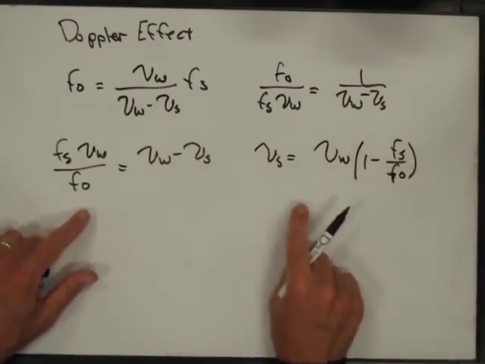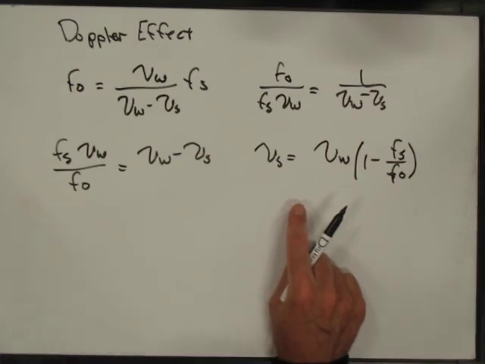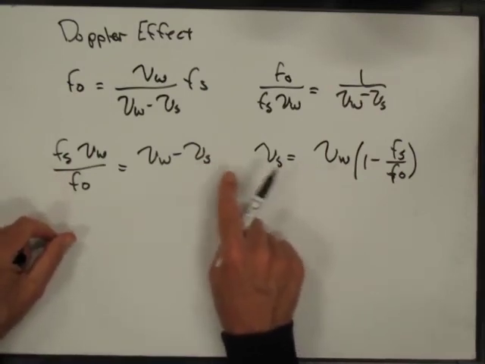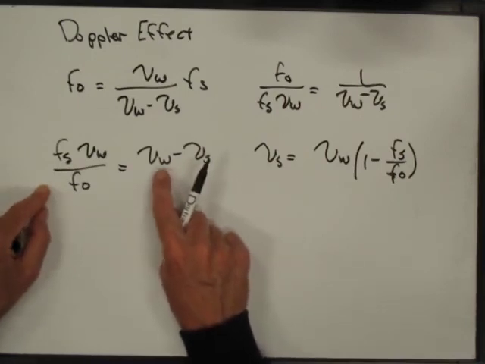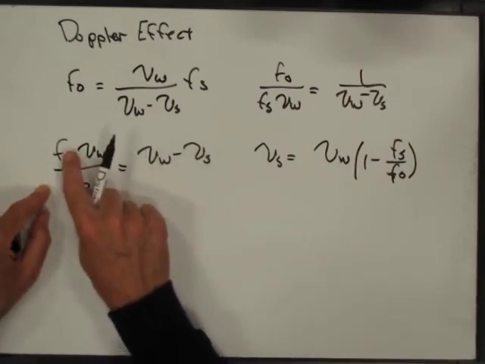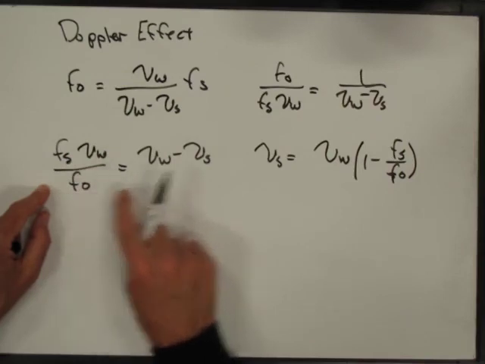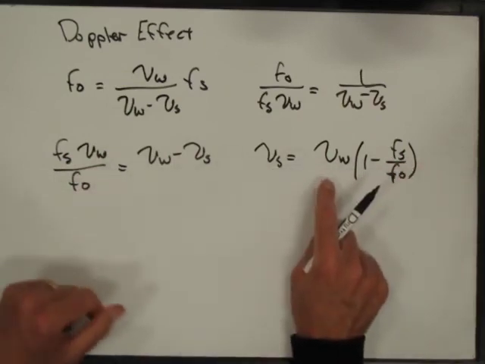If you just sort of work through the math on that, you should be able to do that. To get to here, I just move this to the other side and move this back to this side, and that gives me velocity of the wave minus the frequency of the source velocity of the wave over the frequency observed, and I just factored out the velocity of the wave.